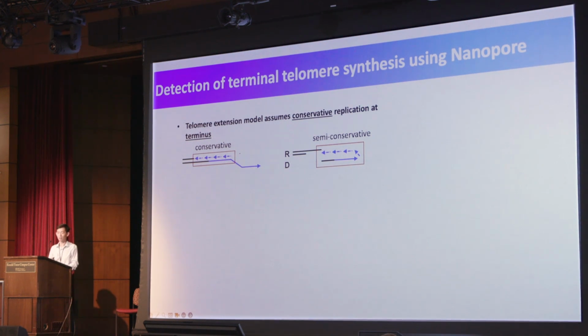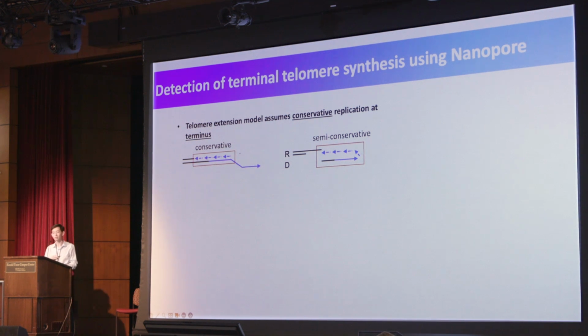In terms of how I'm going to measure telomere extension using nanopore sequencing, the aim is to demonstrate conservative telomere synthesis versus semi-conservative DNA replication. As I showed earlier, strand invasion is defined by conservative synthesis, so you have incorporation of nascent nucleotides on both strands.